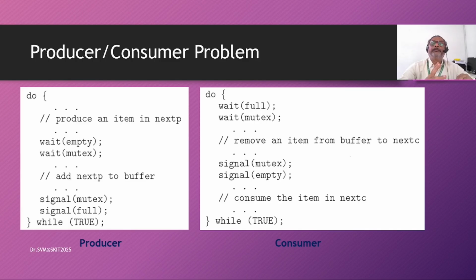And the third one, the consumer should be allowed to read only when there is something to read. So it should keep waiting for the producer to write something. If there is nothing to read, then the consumer should wait.